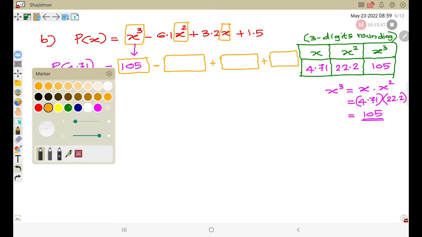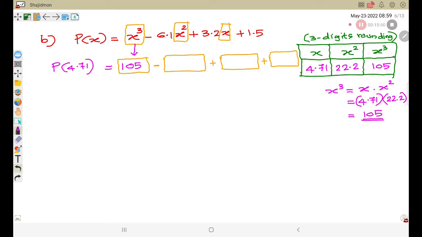So now I am entering the numbers. First the x power 3 value 105. Now minus 6.1 multiply x power 2 value, you can check from the table, 22.2, plus 3.2 multiply x number, from the table, 4.71, plus lastly 1.5. So we enter the numbers from the table: x power 3 number, then x power 2 number, x number.